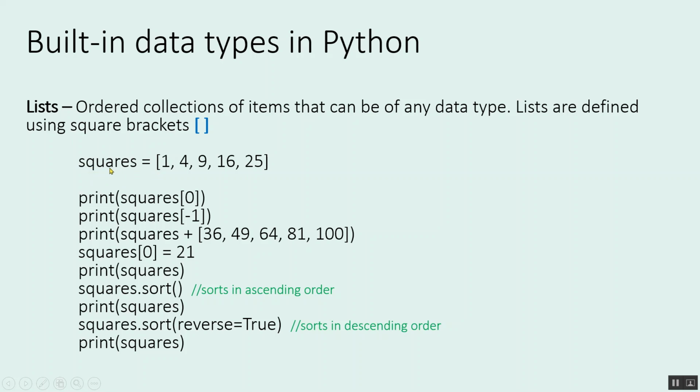So we have numbers that are squared. So 1 squared is 1, 2 squared is 4, 3 squared is 9, 4 squared is 16, 5 squared is 25. Okay, so these are the list of squares. Now, we have to define our values inside square brackets. Okay, so these are the representation of square brackets.